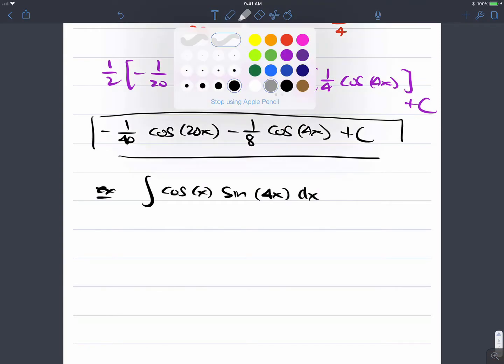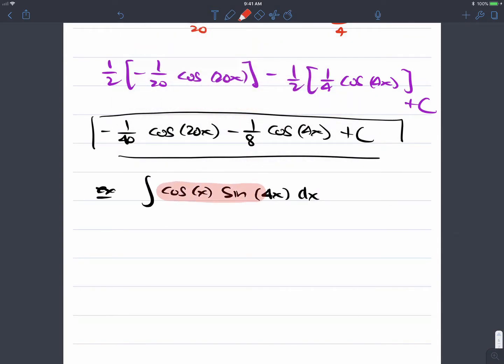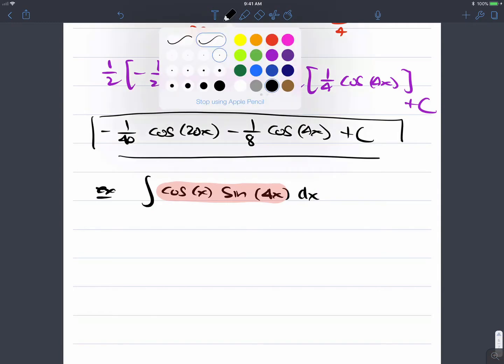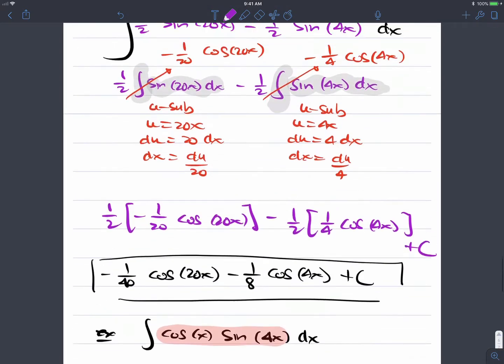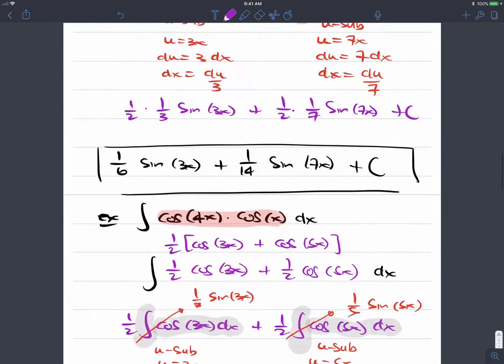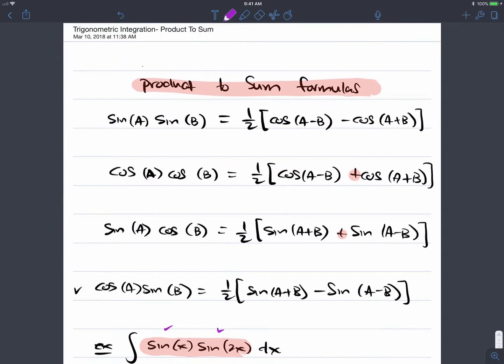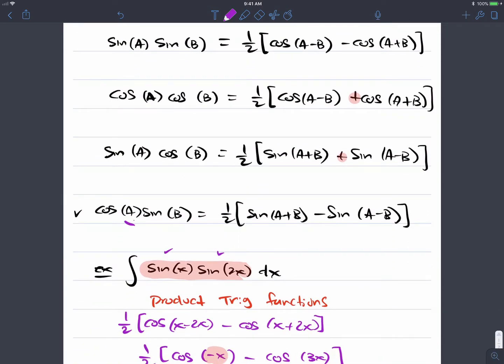Okay, again, you notice you have a product, and we have to use the product to sum identity. So cosine x sine 4x. This portion is an x. Here's my 4x.